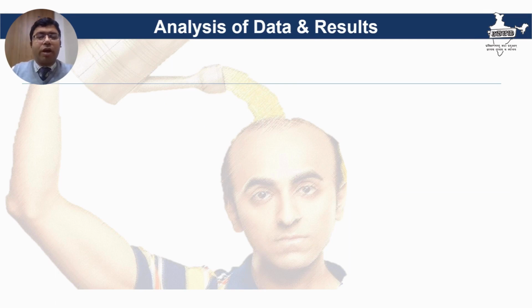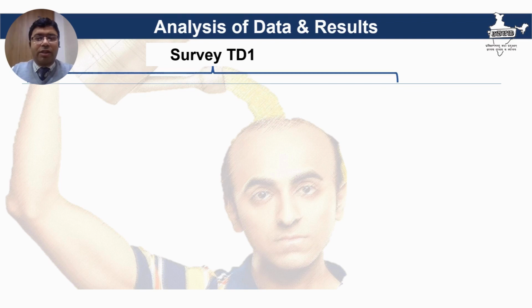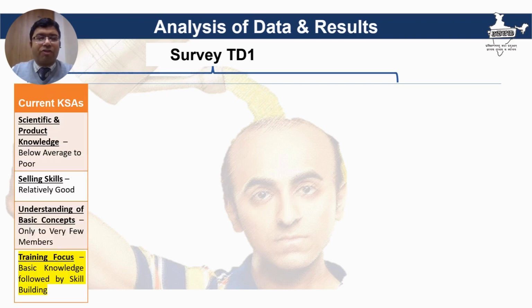Well, if we come to analysis of data and results in the project, we had two surveys. Survey TD1 was primarily focusing on the opinion of supervisors of our frontline staff. In this survey, we had five parameters.